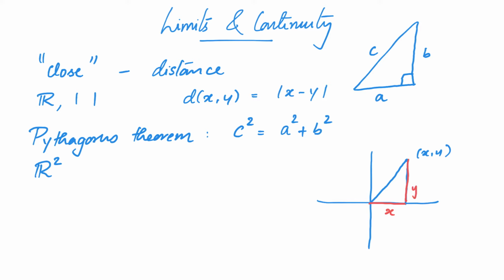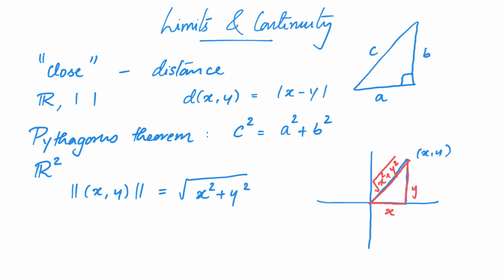Therefore, by Pythagoras theorem, this length is equal to root of x square plus y square. Thus, Pythagoras theorem allows us to find the length of a vector, or in some sense the magnitude of a vector. More precisely, the magnitude of the vector x, y is equal to square root of x square plus y square.